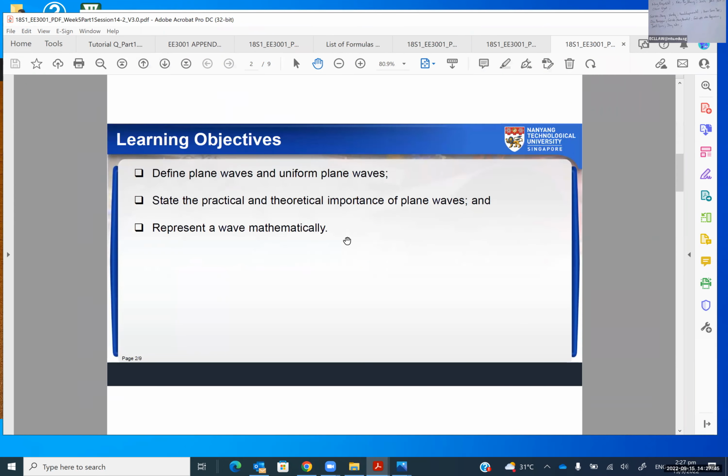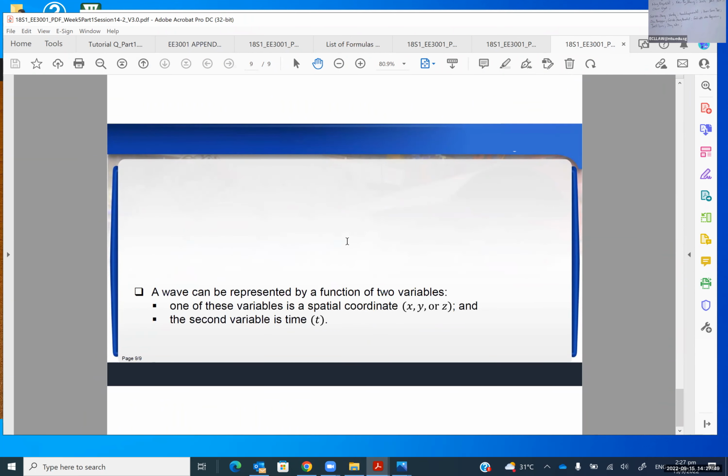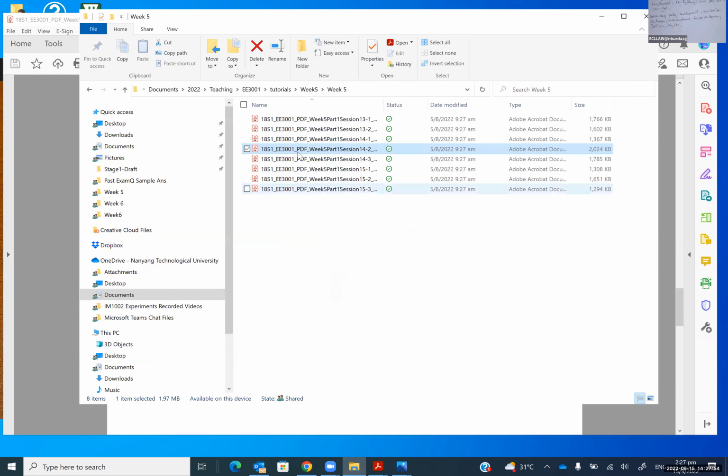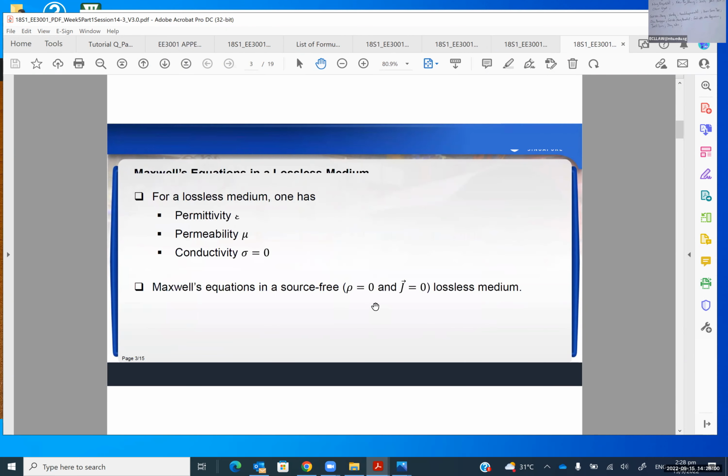Introduction to plane waves. I think this you don't need. Yeah, you don't need any of this. Next one. I think the rest are all on plane waves, right? Am I right? Yeah, wave equation. Don't need this either.